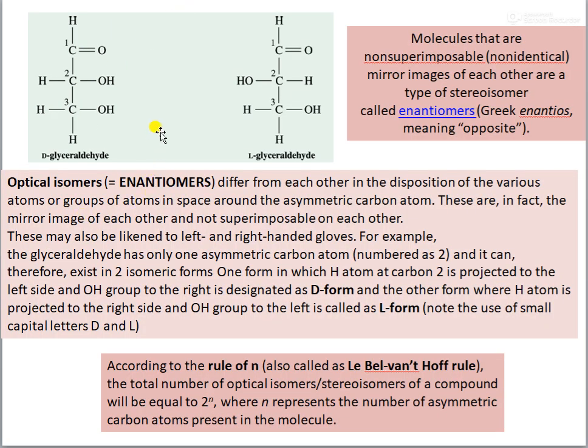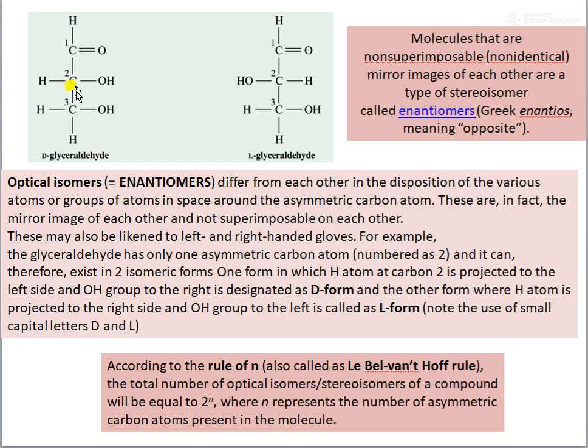Glyceraldehyde. If you consider glyceraldehyde, you have the second carbon atom, C2. C2 is found to be an asymmetric carbon atom. And you can see that here CHO is attached, H is attached, OH is attached, and this group is attached.